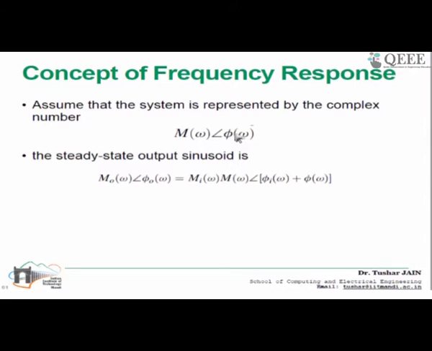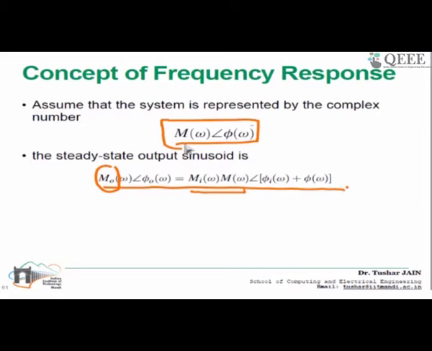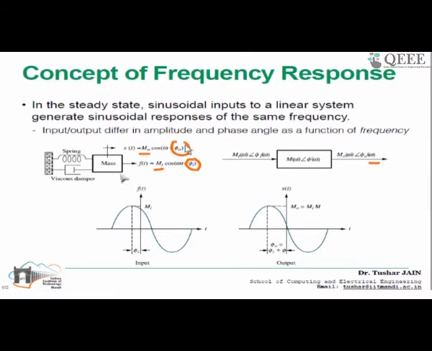So the steady state output is basically given by this expression, where the output magnitude M_O is modified to the multiplication of M_I and M, where M is basically your system, as you see in the last slide. This system can be represented as M of omega and the phase of omega.